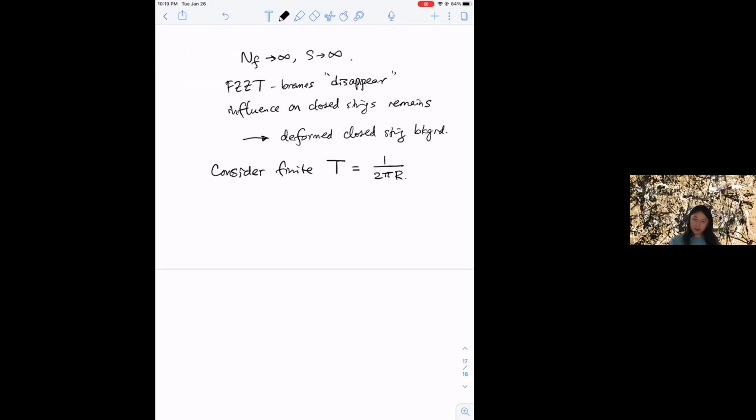Okay, and let's consider some generic closed string scattering amplitude on the worldsheet. Now the effect of the FZT brane is that it's going to cut some holes on the worldsheet. Well, I guess this is supposed to be a hole, so let's say over here.